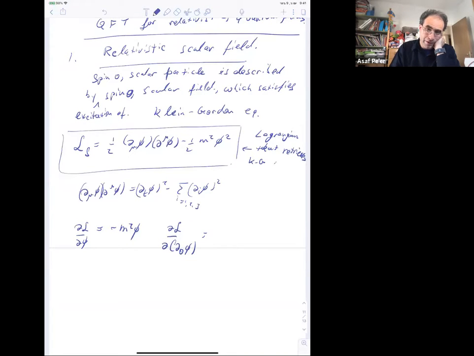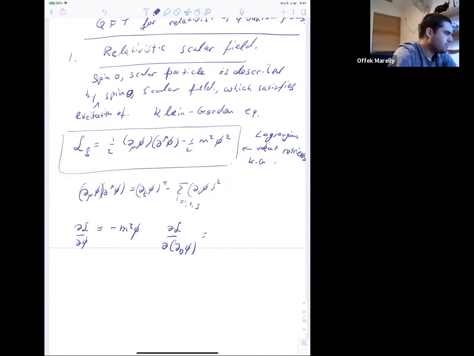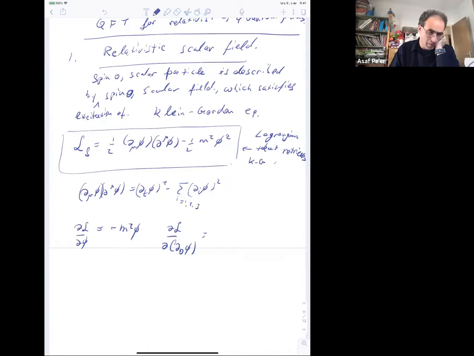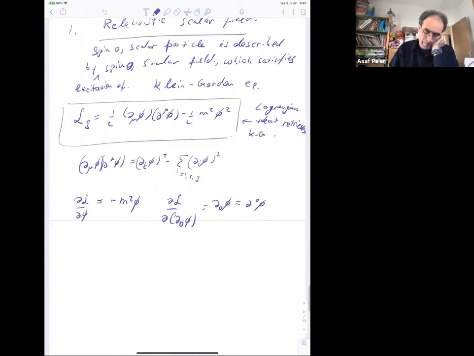Come on, that should be automatic. Have d_mu, right? So d_0, d_0. So dL over d(d_0 phi) is just d_0 phi, because the 0,0 component of the metric is 1, so this is also equal to d_0 phi. That's because of the convention of the metric we use, right?